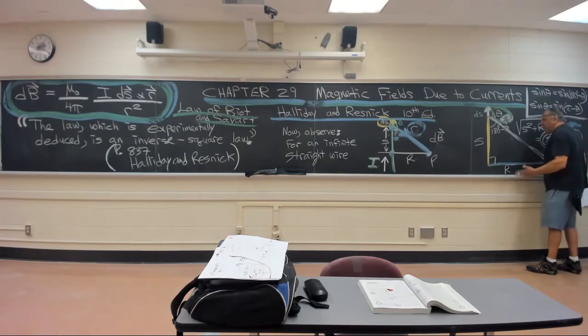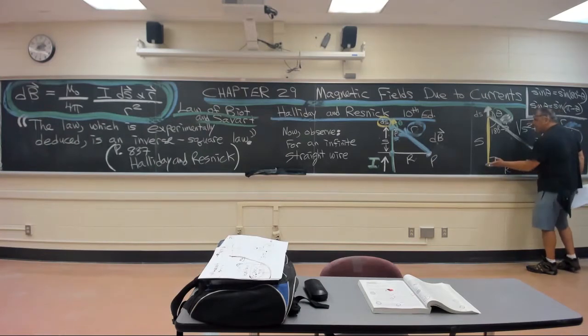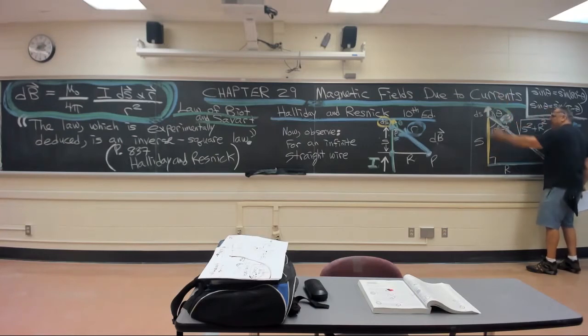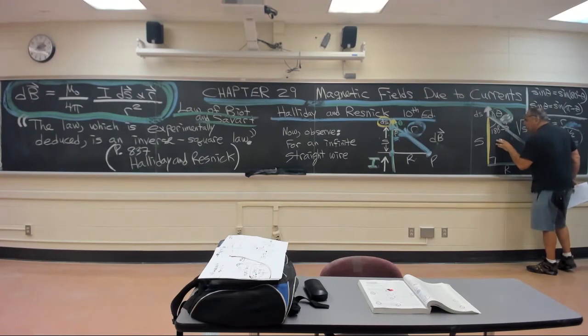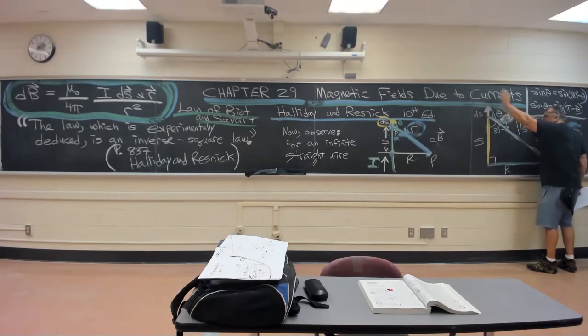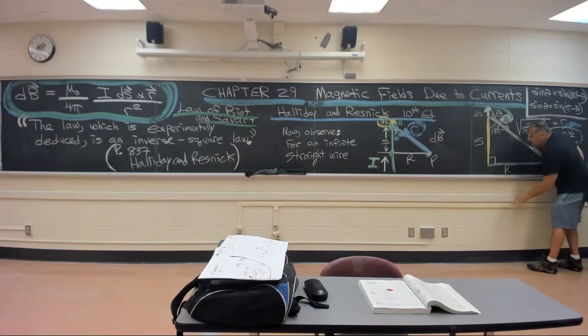If I cut that answer in half, I'd be finding the total B field associated with a semi-infinitely long wire, not an infinitely long wire. Another way to put it: find the B field associated with a semi-infinitely long wire, and then double it, because each triangle is symmetric with another triangle down here.